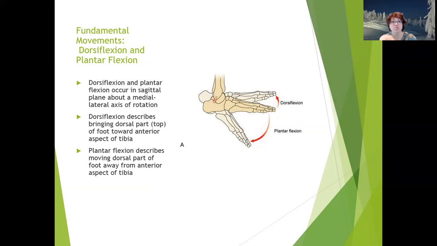The dorsiflexion describes bringing the dorsal part of the foot, the top of the foot, toward the anterior aspect of the tibia. And plantar flexion describes moving the dorsal part away from the anterior aspect of the tibia. So in layman's terms, you can think of dorsiflexion as, a lot of times we'll call it flexing your foot, and plantar flexion as pointing your foot, but we call them dorsiflexion and plantar flexion.